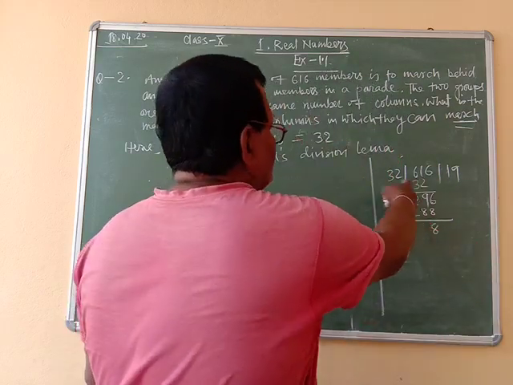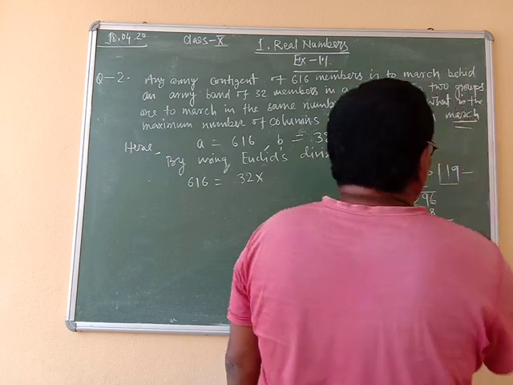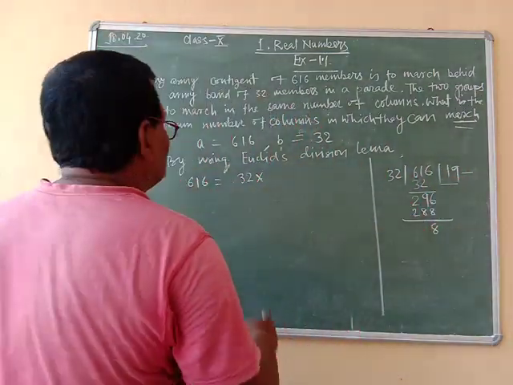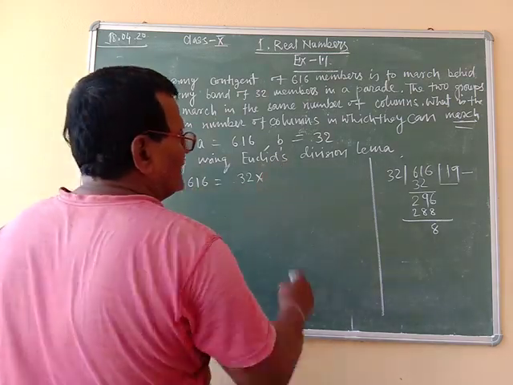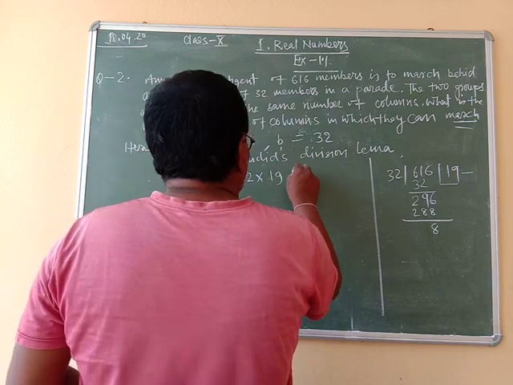Dividing 616 by 32, we get 19 as quotient and 8 as remainder. So by using Euclid's division lemma, we can write 616 equals 32 into 19 plus 8.